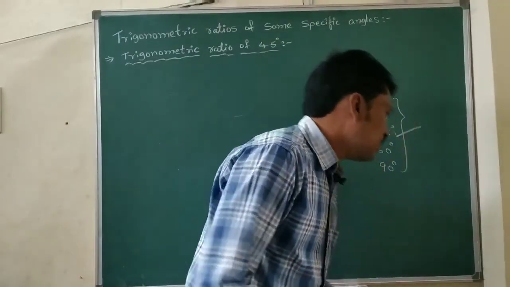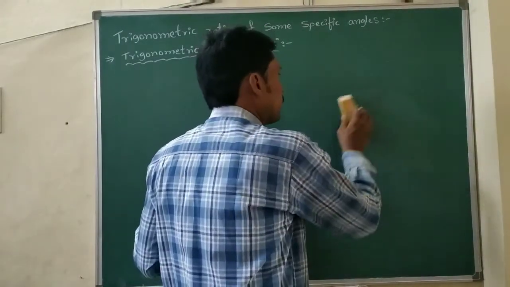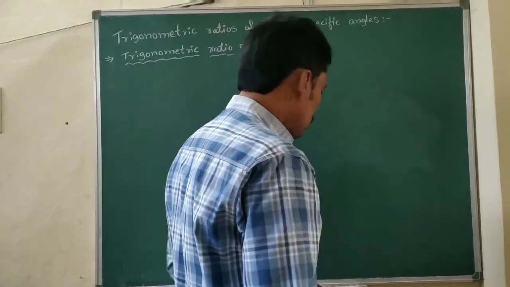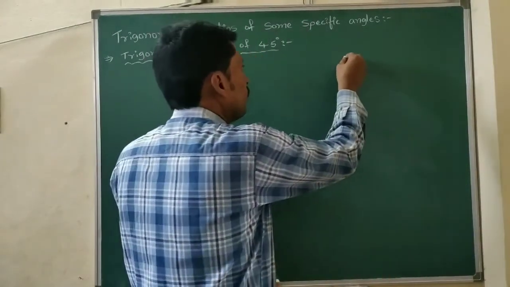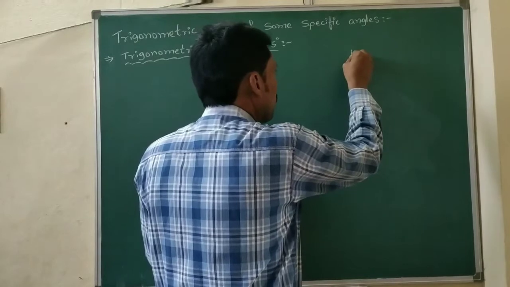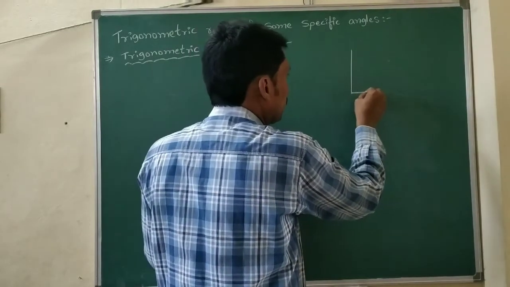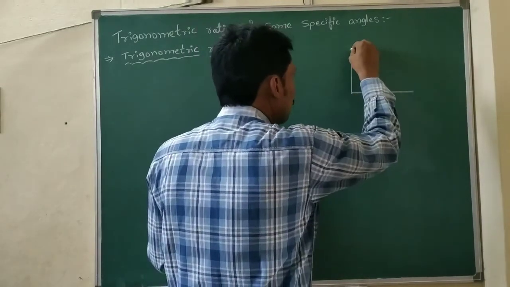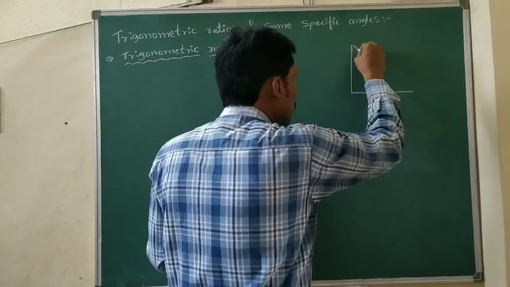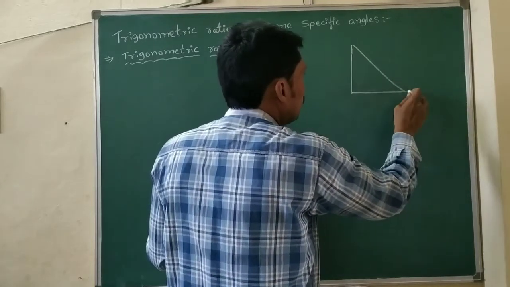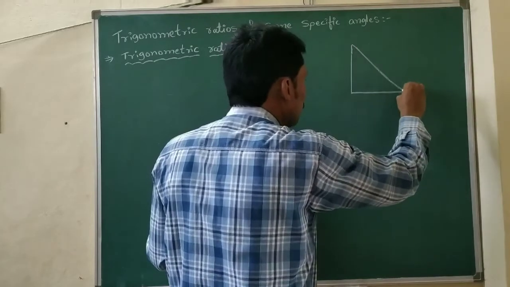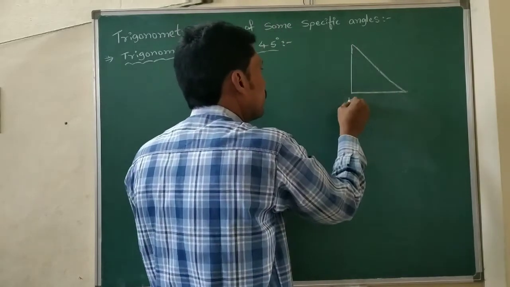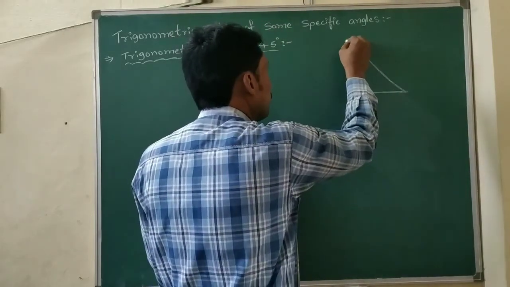So how do we define the trigonometric ratios of 45 degrees? Let's see here, we are taking an isosceles right triangle. Isosceles means two sides are equal, then the triangle is called an isosceles right triangle.